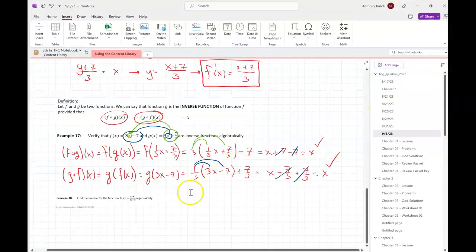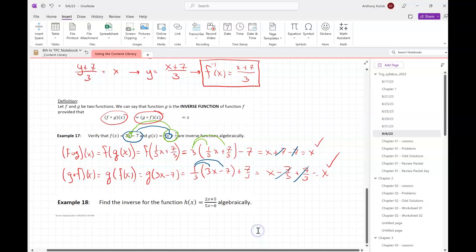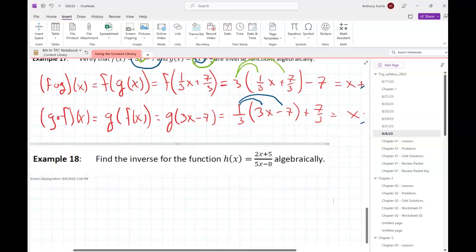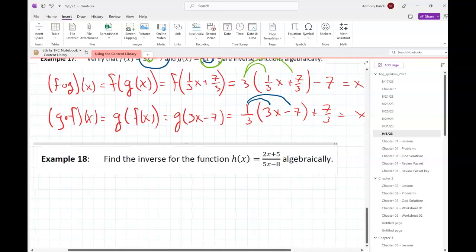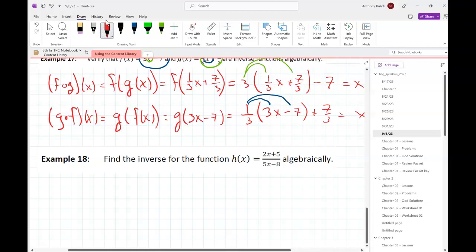Okay. So let's look at our next example here. Again, same instructions. We're just finding the inverse. What do we notice immediately about the function h of x here that's different than the previous one? Does anybody notice anything immediately different that's going to make this a little bit harder?